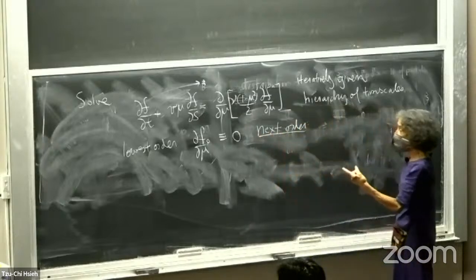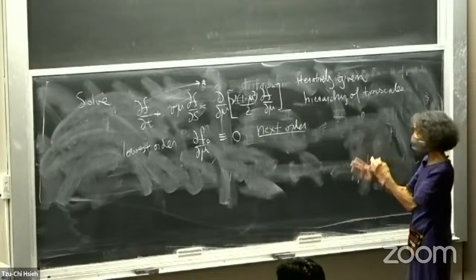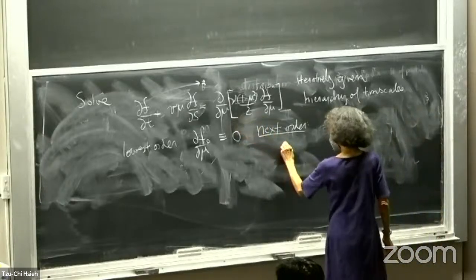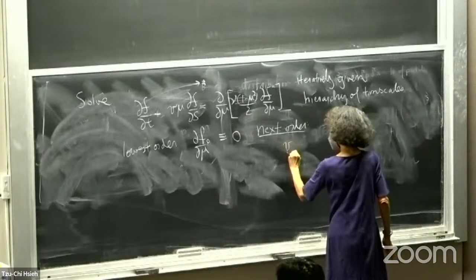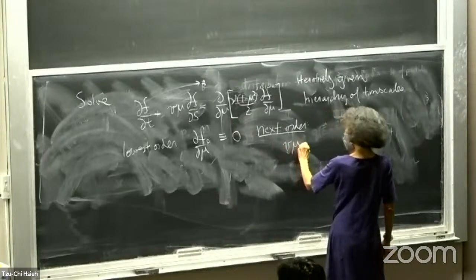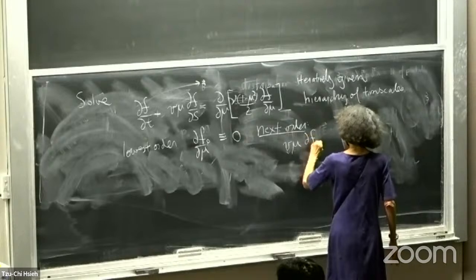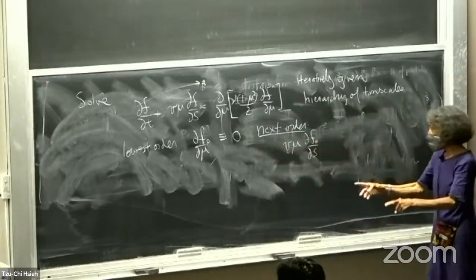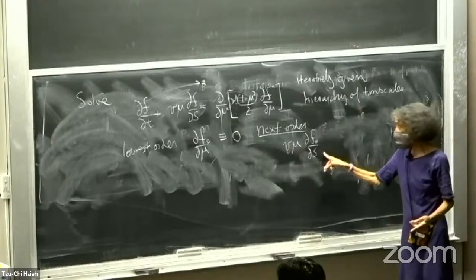So to next order, we still don't consider d by dt, but we do have that advection term, which is v mu df naught ds. Now f naught can be independent of mu, but it can depend on s.